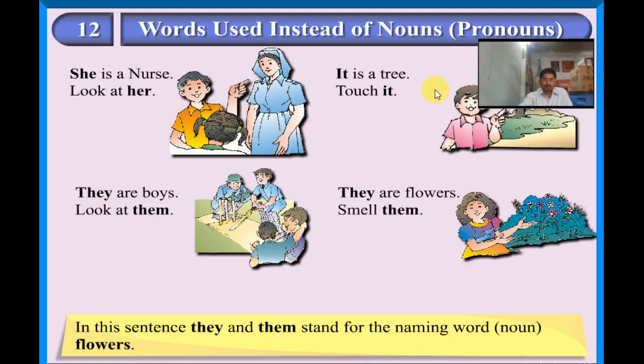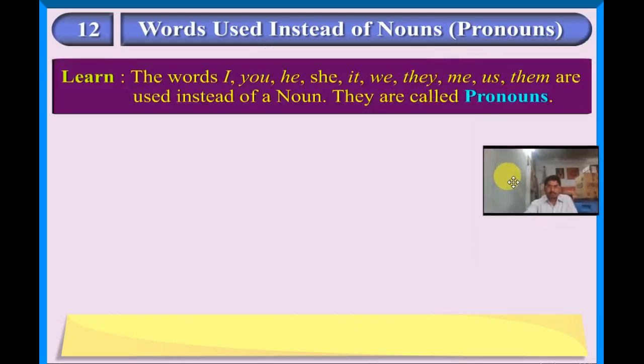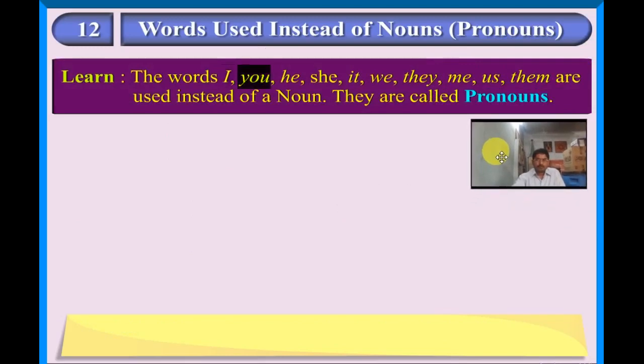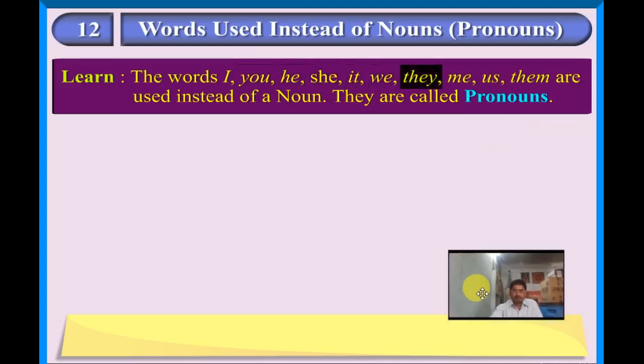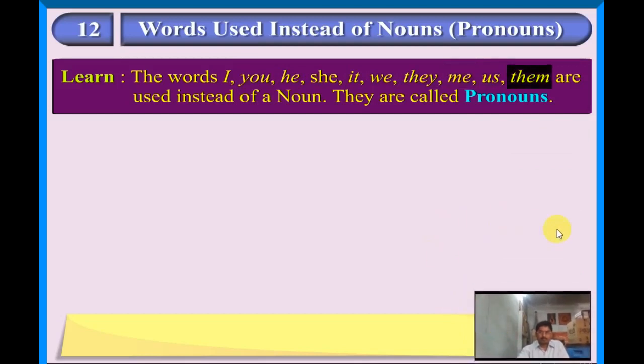In this sentence, they and them stand for the naming word, noun, flowers. Learn: the words I, you, he, she, it, we, they, me, us, them are used instead of a noun. They are called pronouns.